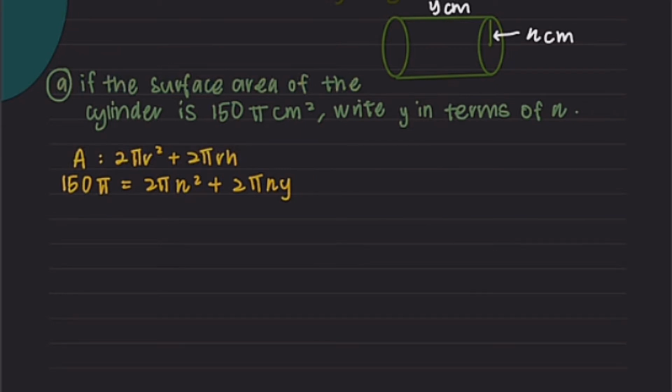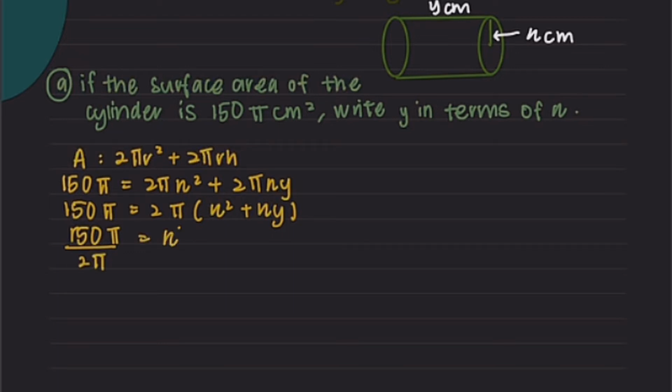As you can see here, we can factorize 2 pi from both sides of the equation above. So 150 pi divided by 2 pi equals x squared plus xy, and we will get 75 equals x squared plus xy.